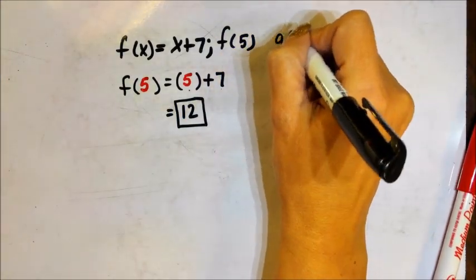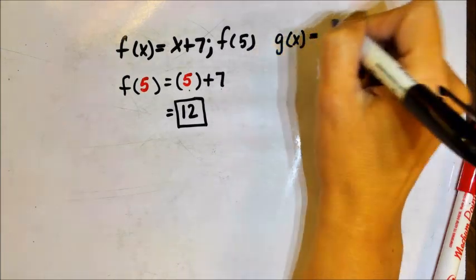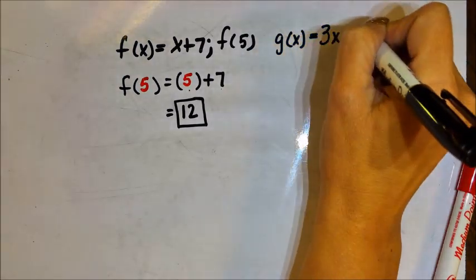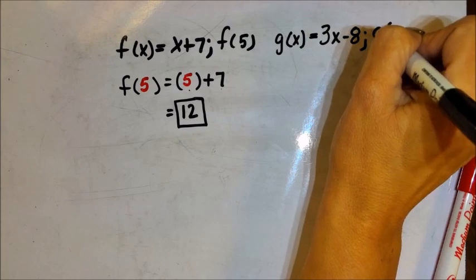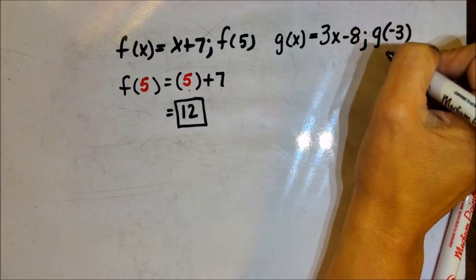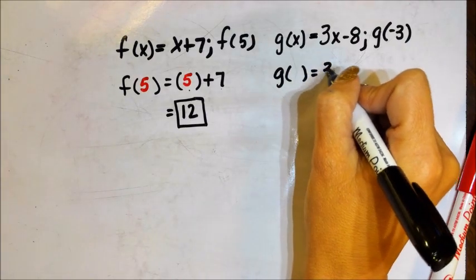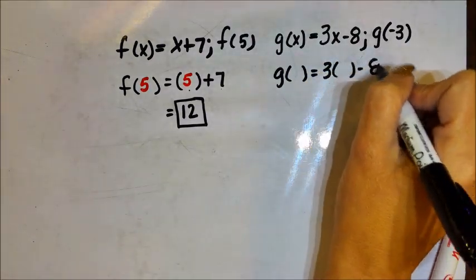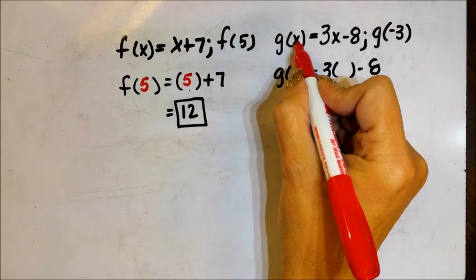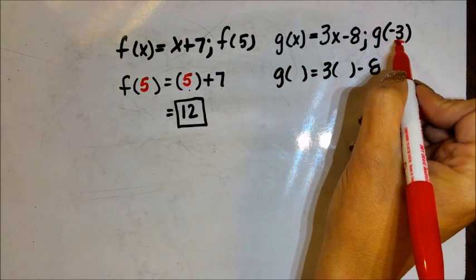Let's try the next one, this g of x. g of x equals 3x minus 8, and they want me to find g of negative 3. So where this x is, I'm now going to put negative 3.